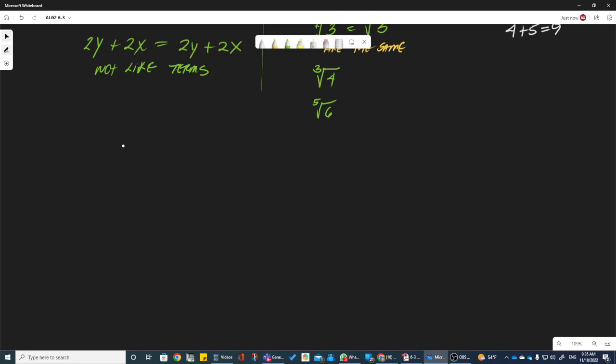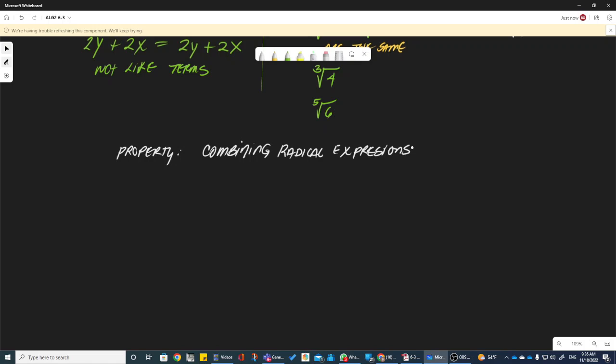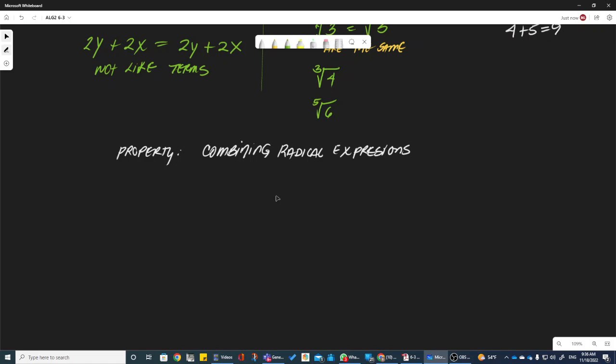This property is called combining radical expressions.